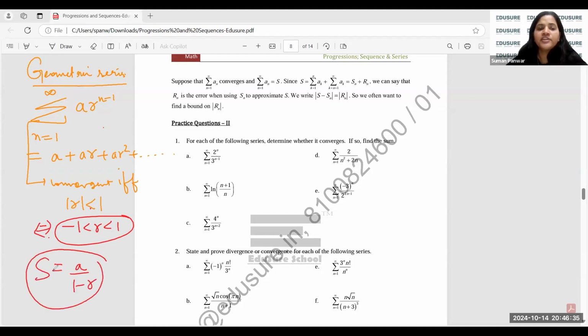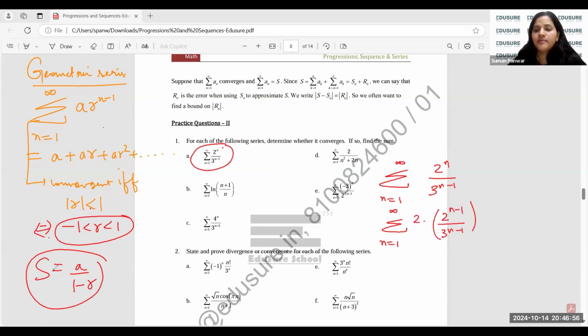Now let us look at this series: sigma n going from 1 to infinity, 2 power n divided by 3 power n minus 1. We can write it as the summation n going from 1 to infinity of 2 times 2 upon 3 power n minus 1.